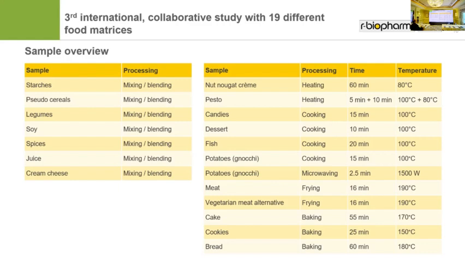Then you see different food processing procedures: heating, cooking, microwaving we included, because there is a publication from some years ago which was showing that perhaps microwaving has an impact on the recovery of gluten. We could not see this, to say it directly. We did not see any impact or interference of this microwaving procedure with the recovery of gluten.